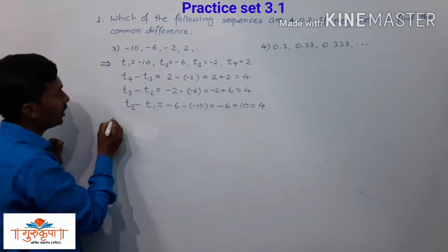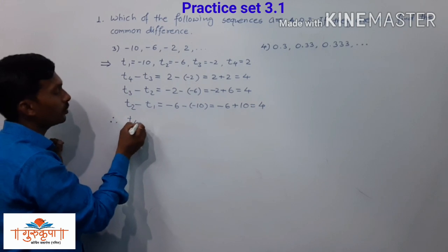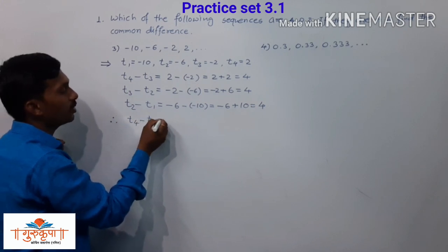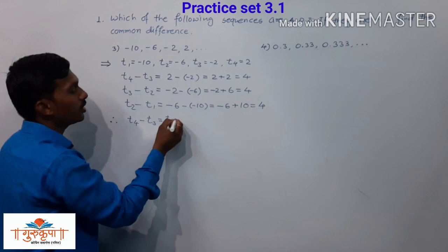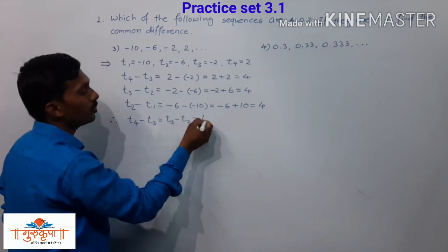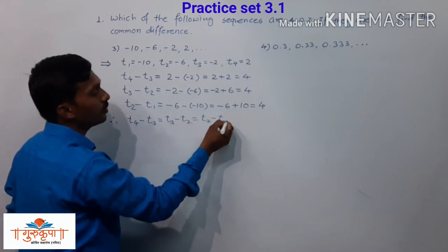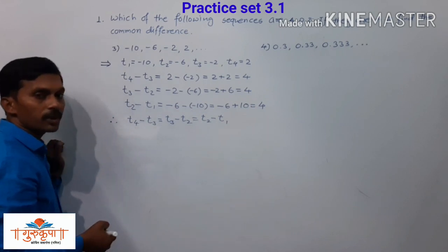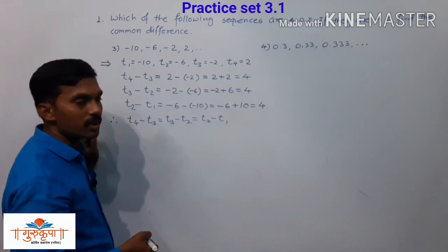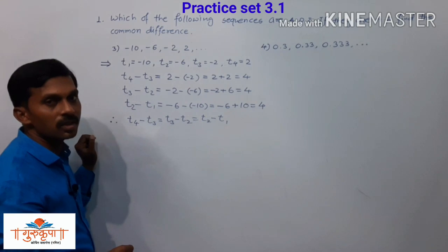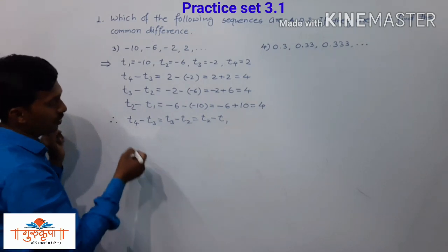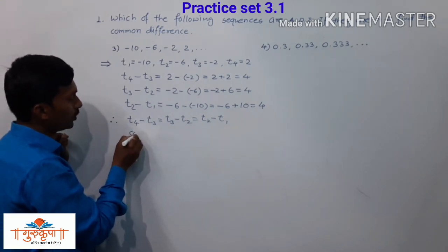So here we can write T4 minus T3 is equal to T3 minus T2, it is equal to T2 minus T1. Common difference between any two consecutive terms is the same.